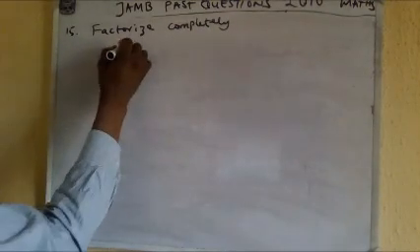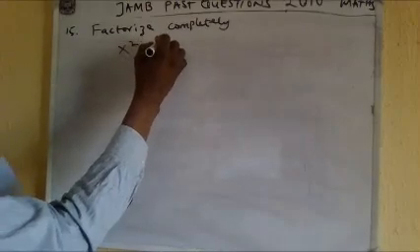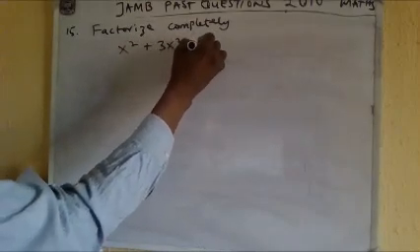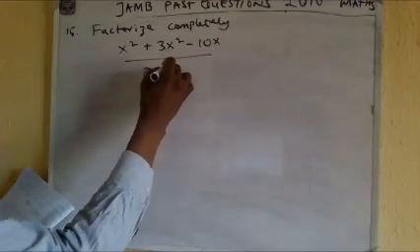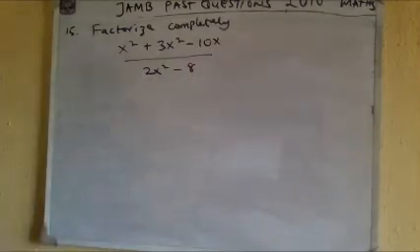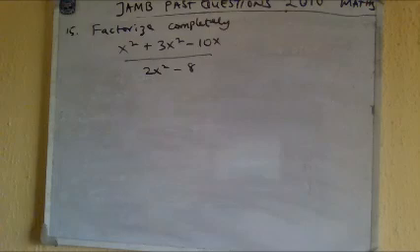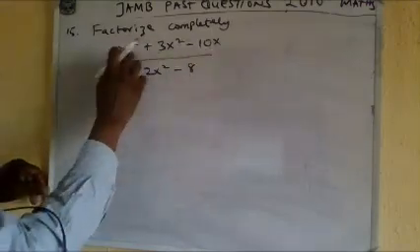So I have x squared plus 3x squared minus 10x all over 2x squared minus 8. Now for this one, factorization just means that you just try and simplify. I know that there's a factor here. x is common.